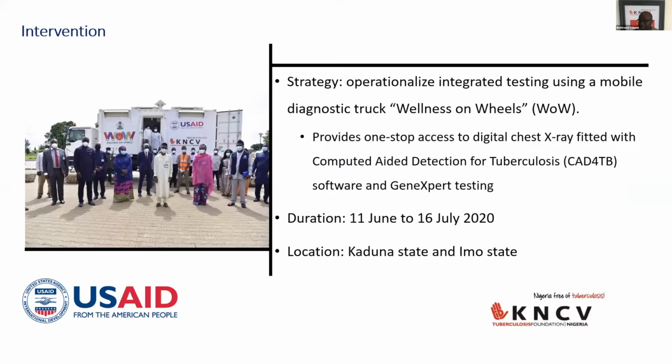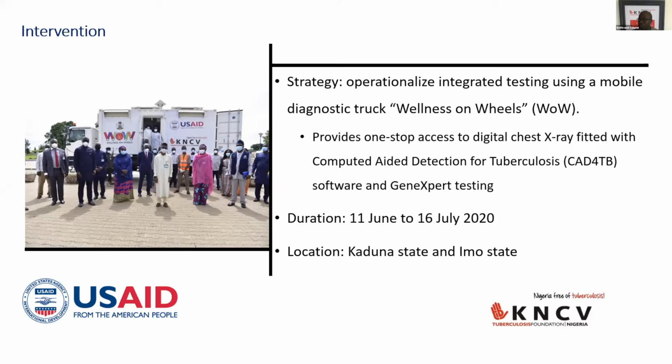The picture there shows the key intervention when we deployed. KNCV presently has two mobile vans, all equipped with mobile digital X-ray and a GeneXpert machine with 8 modules. We have one in the northern part of the country and another in the southern part. The strategy we adopted is to provide integrated testing using the mobile diagnostic van, which we call in Nigeria the Wellness on Wheels, the Wow Truck.